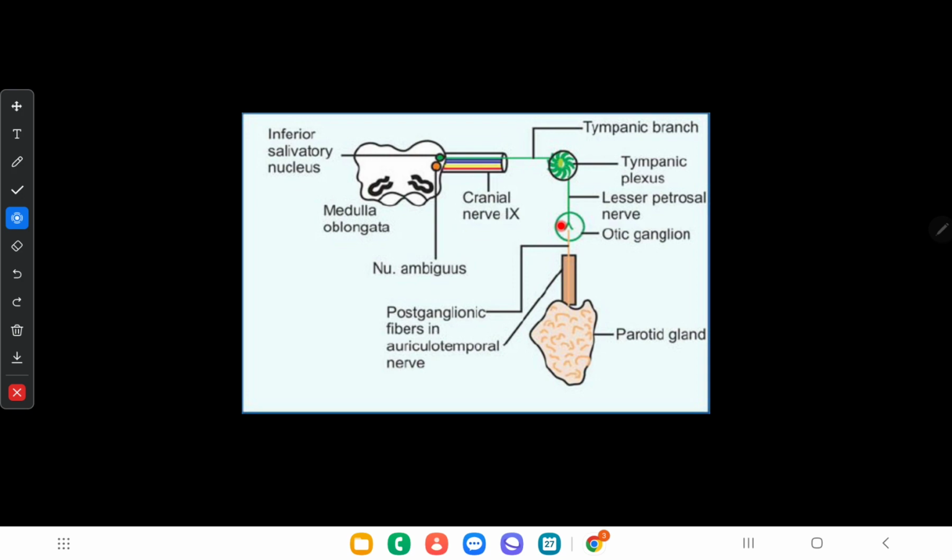You have to remember the names of those nerves very clearly, and the parasympathetic ganglion which gives rise to secretomotor innervation to the parotid gland. It is the otic ganglion.